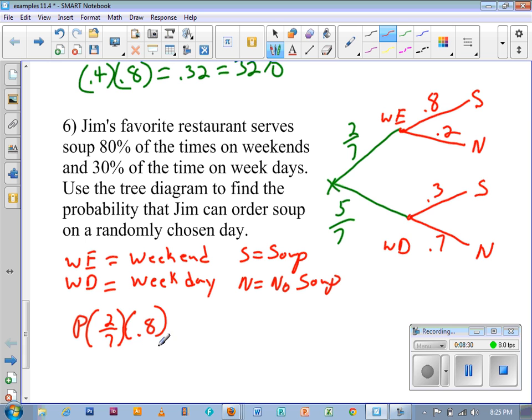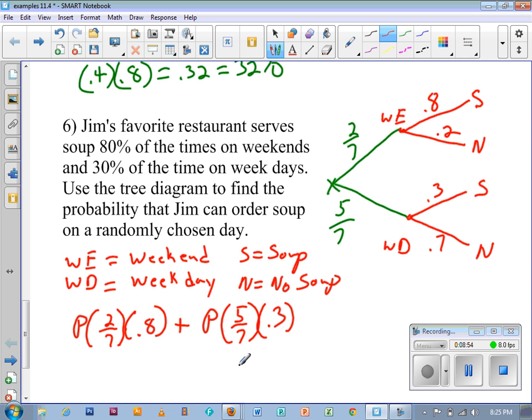Okay, so that probability right there would give us the probability of showing up, picking a day at random and having soup. Then we have to add to that another way of doing this: we could show up on a weekday, which would look like this, 5 out of 7 times our chance of getting soup there, 0.3.